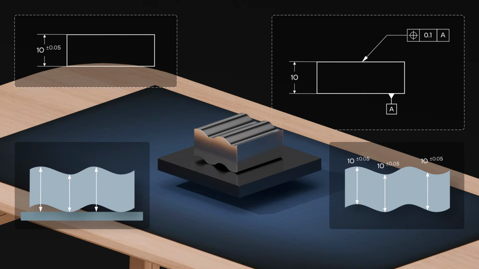Because this part, in this case, is going to be mounted in the assembly and will be resting on the surface A. And it's not going to be resting on every single point of it. It's going to be only resting against the points that were also used to create datum A.